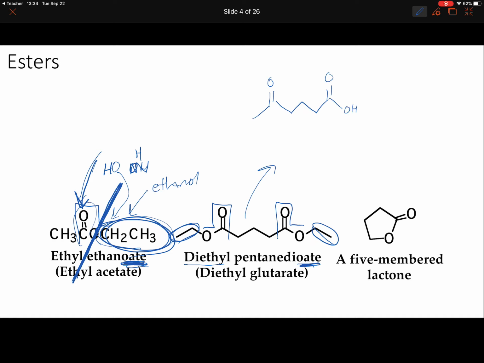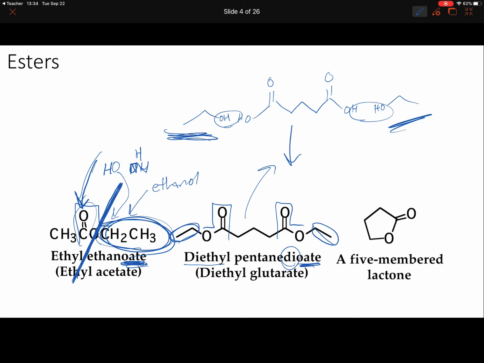It looked like this when it was the pentane dioic acid, and then there was two ethyls that came in, and so then you lose the water. We connect everything together, and we're left with diethyl pentane dioate instead of pentane dioic acid.